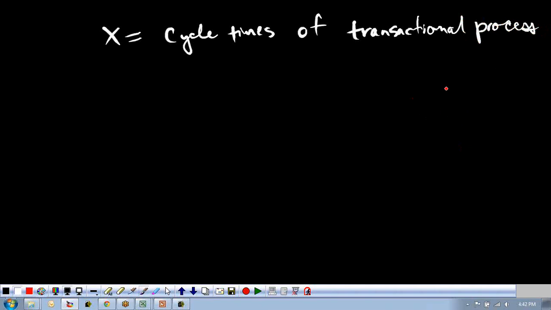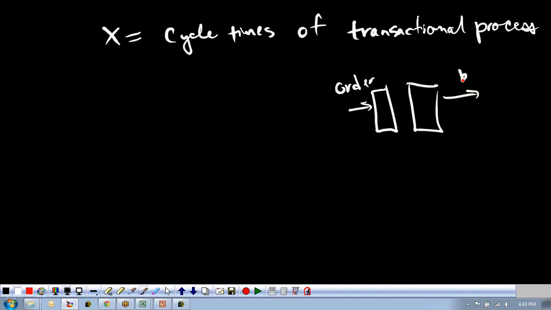And just for fun, let's say it is the process of ordering dinner and having it brought to your table. The cycle time is the measurement of the time it takes between when you order and when you get it at your table. That's what we're calling the cycle time.